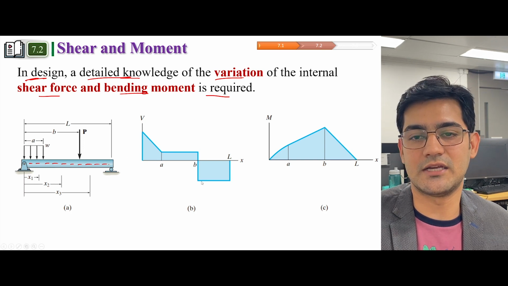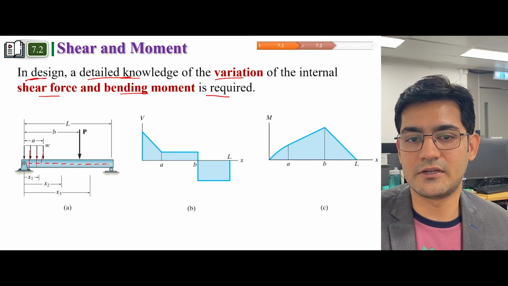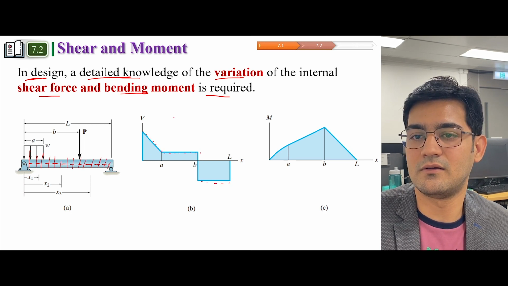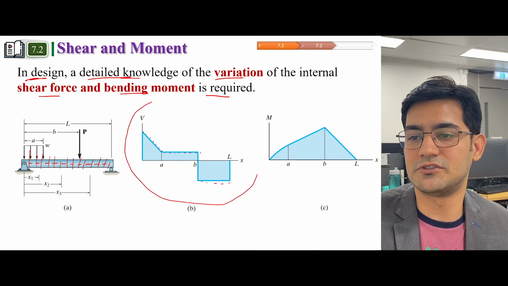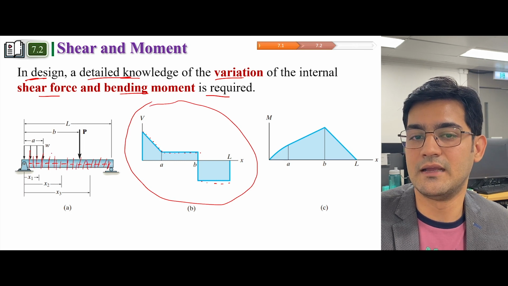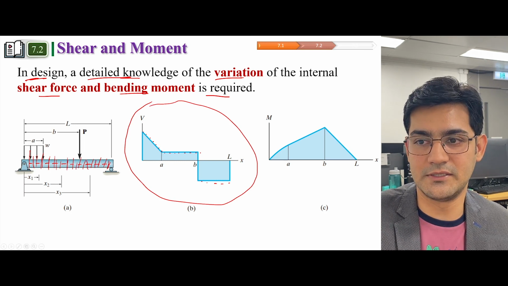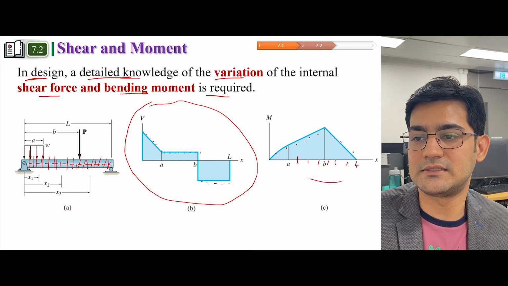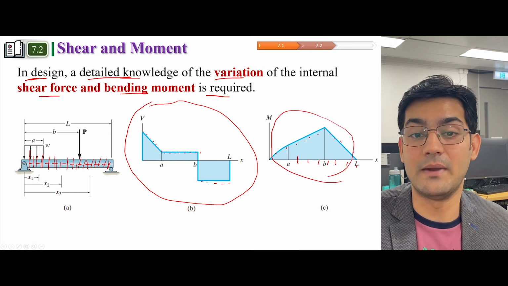So these are the results of the variation of shear force. If we take different sections along the way and calculate the values of shear force at every point, this will give us a shear force diagram. Similarly, we keep on cutting sections at different points and extract the moments, so we get the values of moment at different cross sections, and this type of figure is called a bending moment diagram.